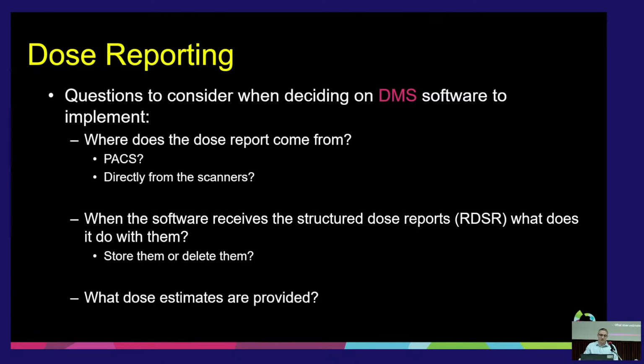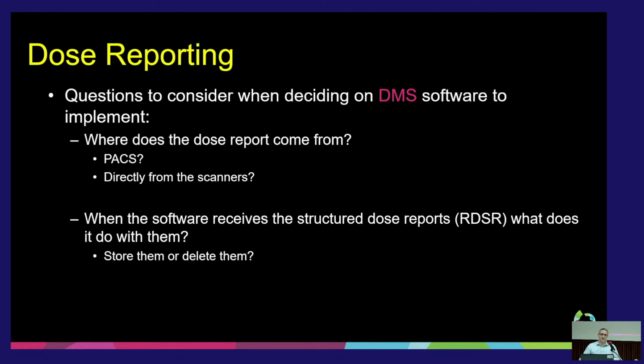And also, you have to ask the manufacturer of that software, does it collect and store the RDSR, or does it delete that? Some of them we've used in the past collect it indefinitely in the background, so the database gets bigger and bigger over time.